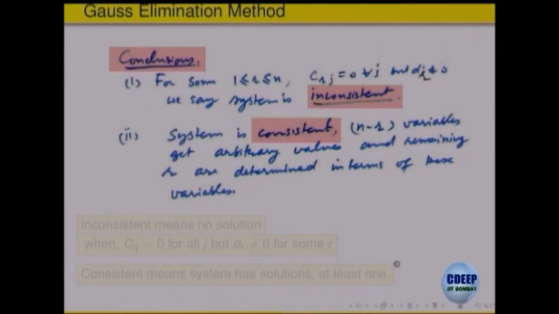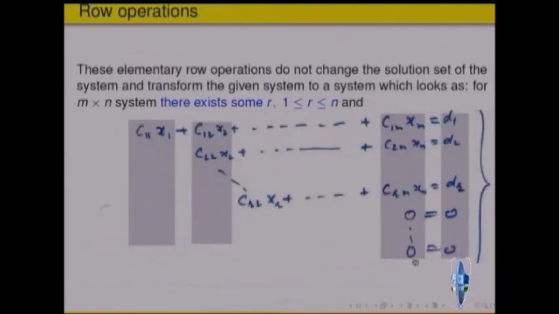Let us just look at the previous equation. Supposing this is a consistent system, it involves the variables x_{r+1} to x_n. So, this is the equation involving these n minus r variables.